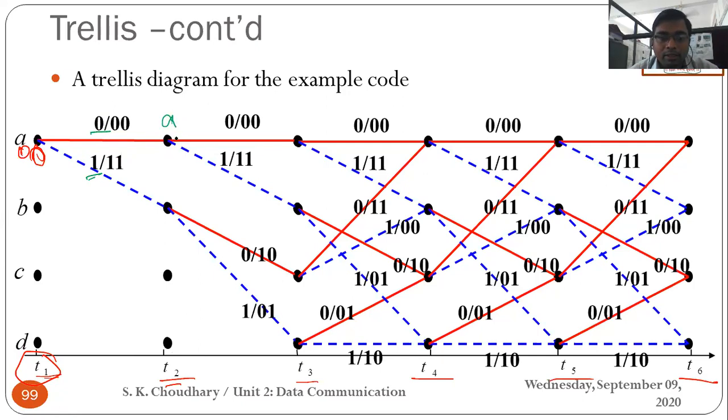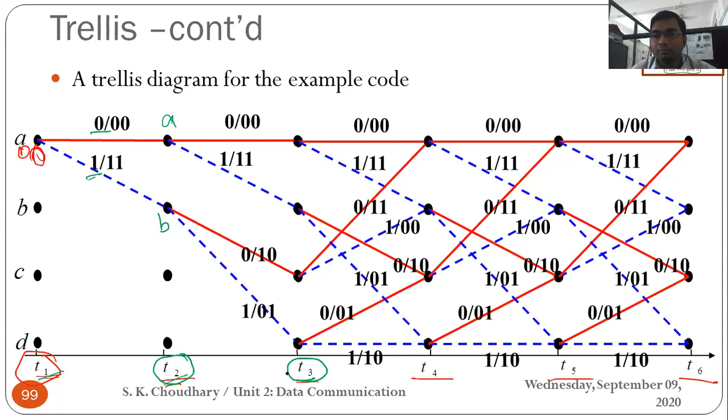From A you can move to the next state A or B, depending on the input 0 or 1. So at time t2 only 2 nodes are active, while at time t1 only 1 node is active. Again, from these 2 nodes we generate 4 nodes, because A generates 2 branches and B generates 2 different branches. In this way at time t3 all 4 nodes are active.